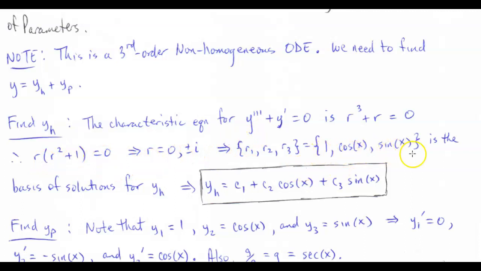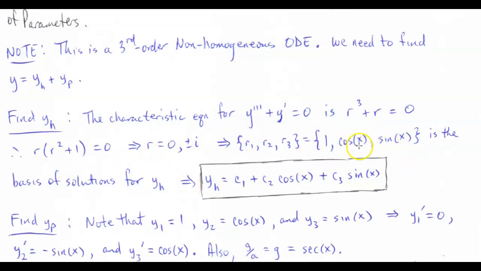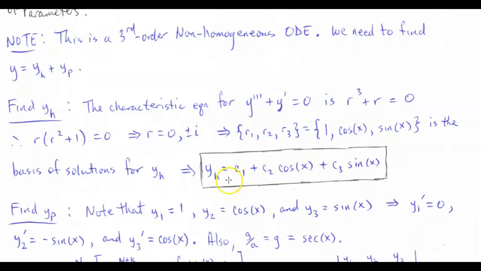So that's where all three of these come from. And of course, this would be the basis of our solutions, just 1, cosine and sine, and our actual homogeneous solution will be just a constant c1 plus c2, which is another constant, times cosine plus another constant c3 times sine.